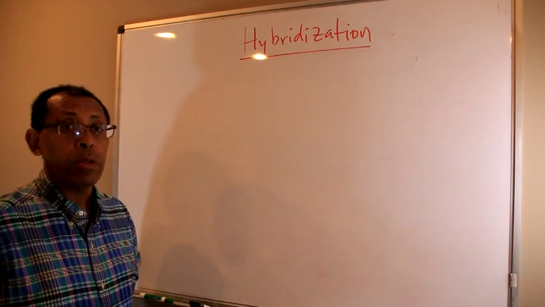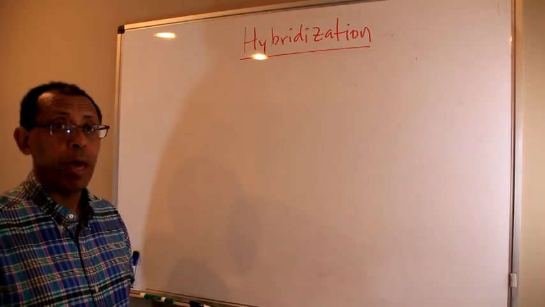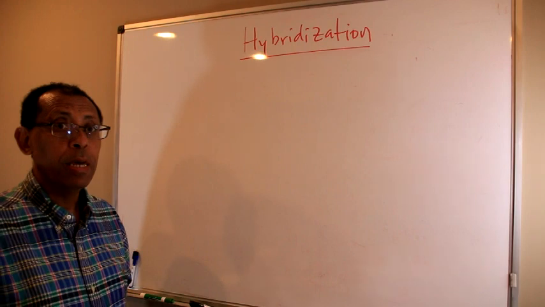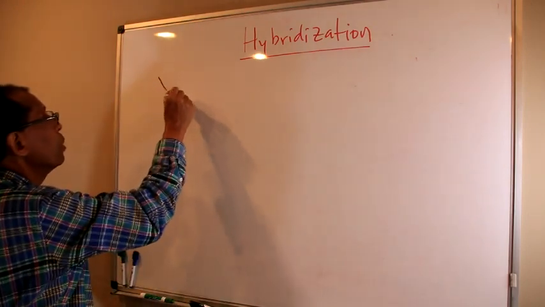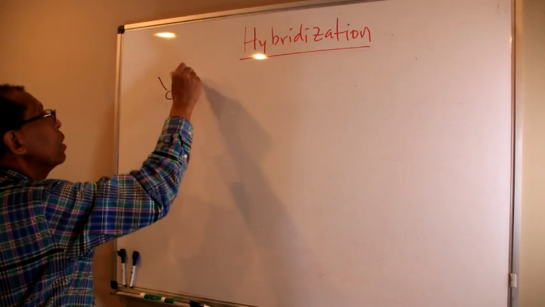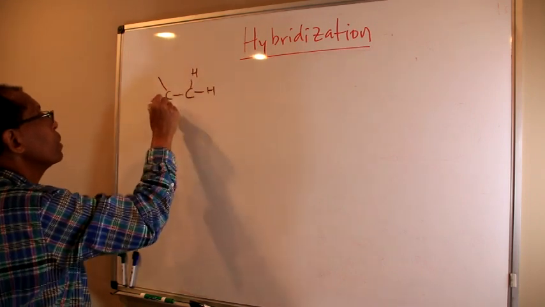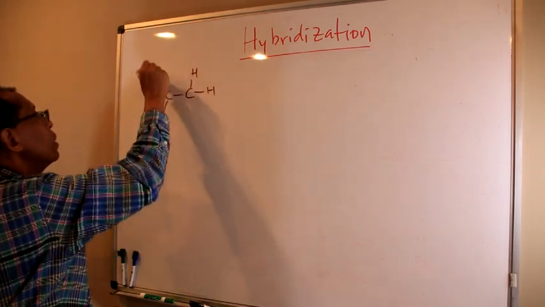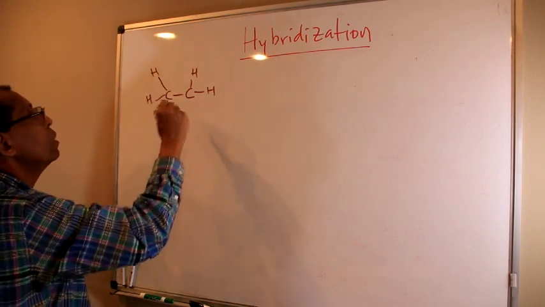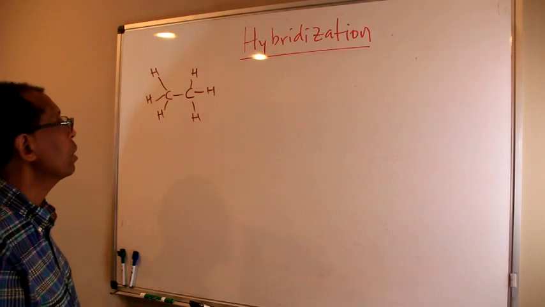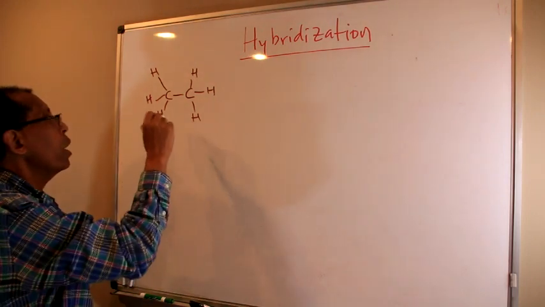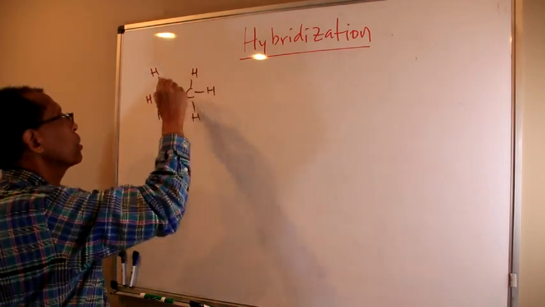In terms of examples of those molecules we have seen so far, in terms of sigma bonds, for example, if you just have carbon, these are all sigma bonds. As you see, they are single bonds. They are made through sp3 hybrid orbitals.